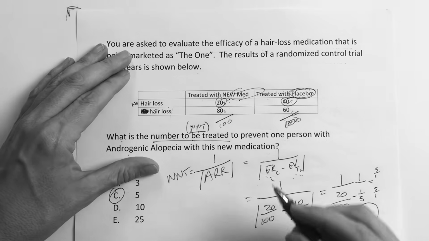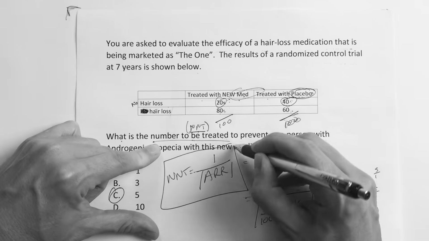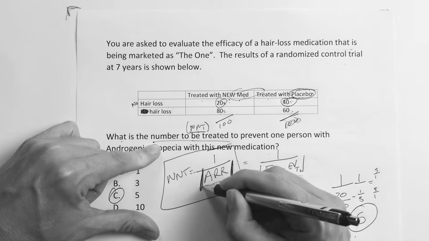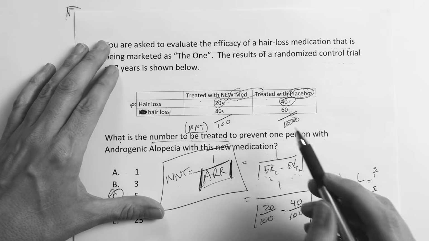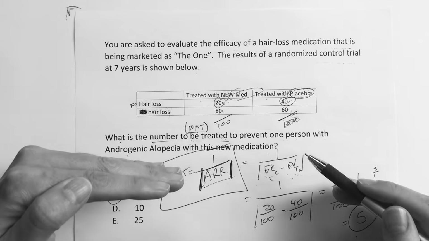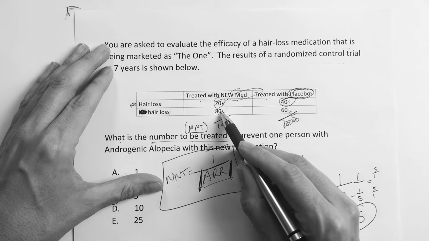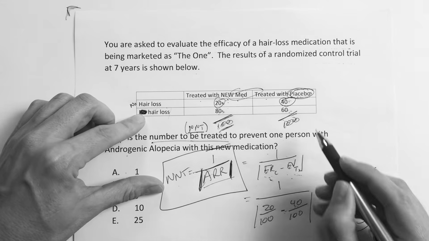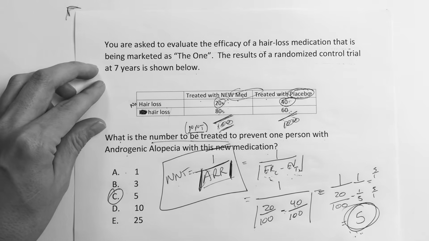Again, the key with number needed to treat is you have to know the formula: 1 over the absolute risk reduction, and make sure it's an absolute value. Then all you have to do is find the treatment versus non-treatment group and make it a fraction. Don't fall for the mistake of putting it over just how many were in the other group. It's how many were in the total of that section. Then if you just solve, you'll get a nice little number like that.